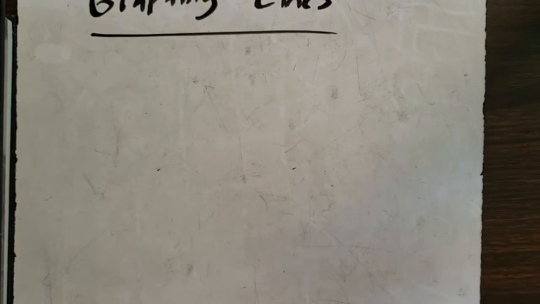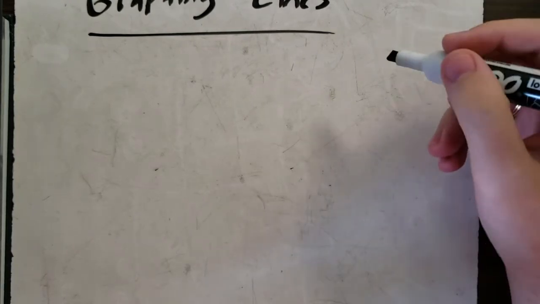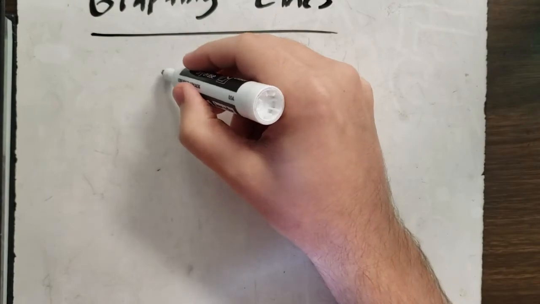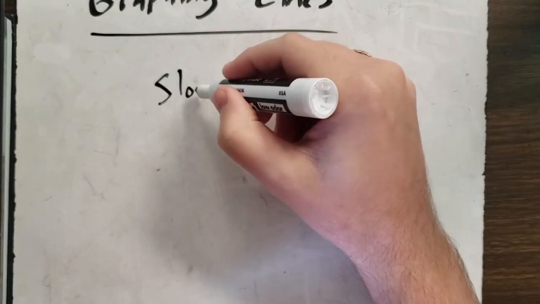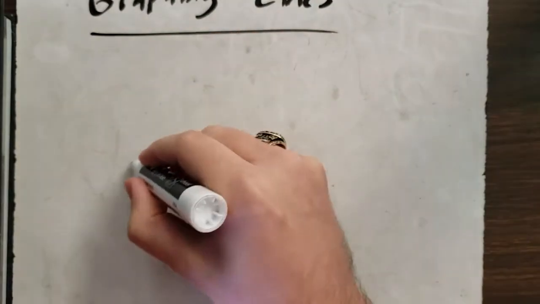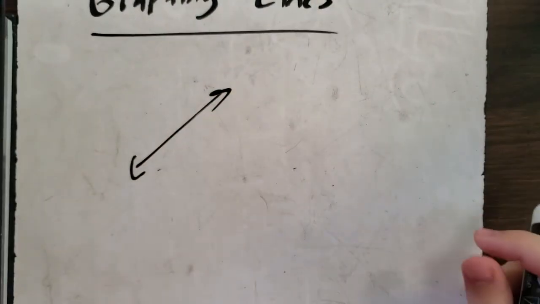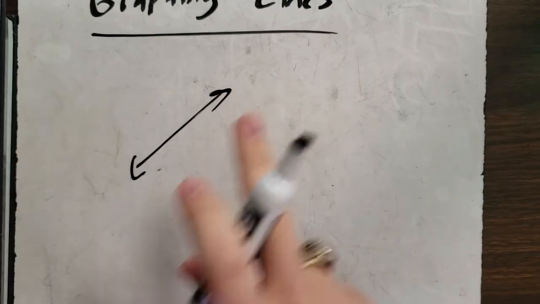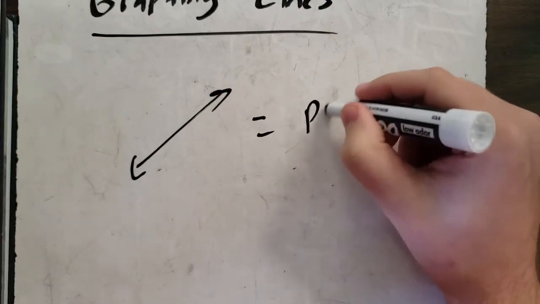So our first thing we have to do is tell if our slope is positive or negative, okay? If our line looks like this, if it goes up from left to right, this is a positive slope.